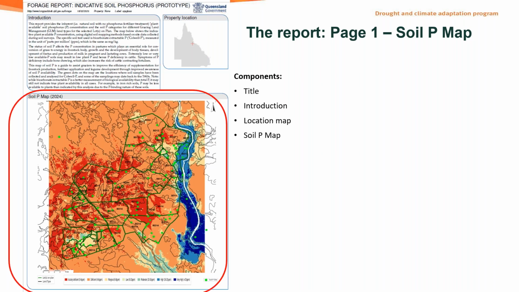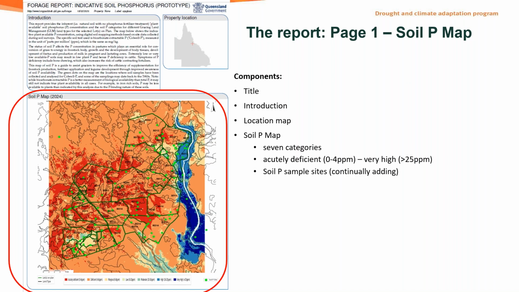And we'll go on to the soil P map itself. Soil P map has 7 categories as opposed to the 5 categories in the last version. That fits in with a lot of the extension material. Goes from acutely deficient, that's 0 to 4 parts per million, to very high, greater than 25 parts per million. You'll see in green there, the green dots, soil P sample sites that we used for the analyses.